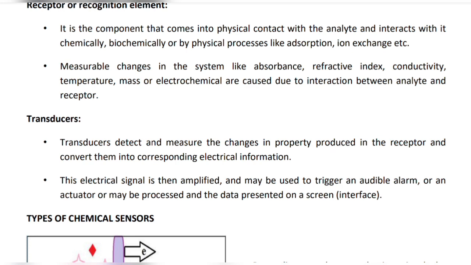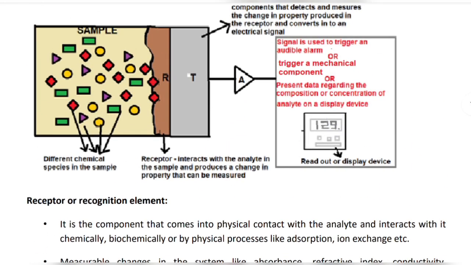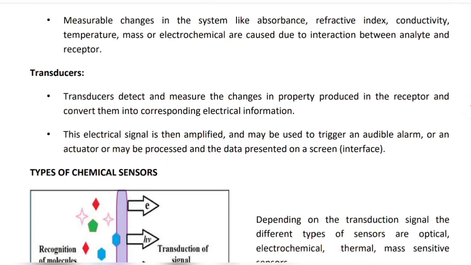This electrical signal is then amplified using an amplifier, where A indicates the amplifier part. The amplified signal may be used to trigger an audible alarm or an actuator, or data may be presented on a screen, providing information to us. These are the components of a sensor.